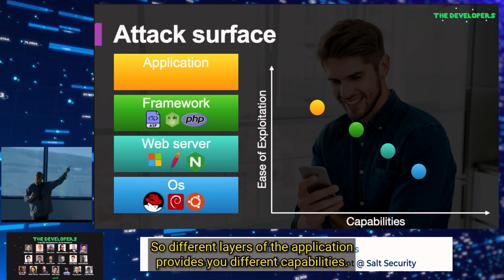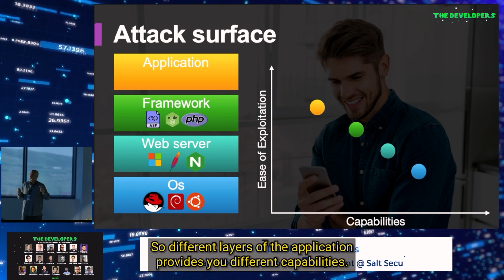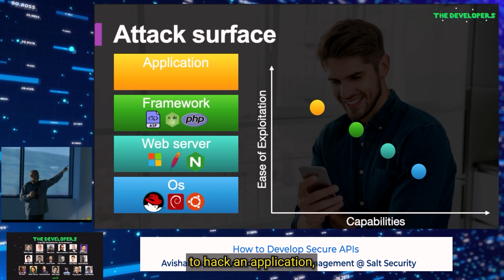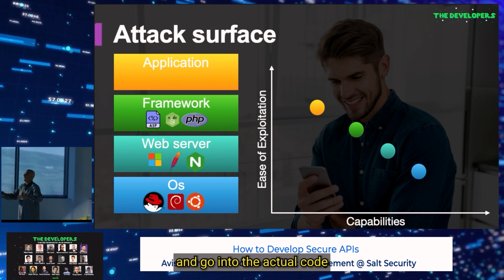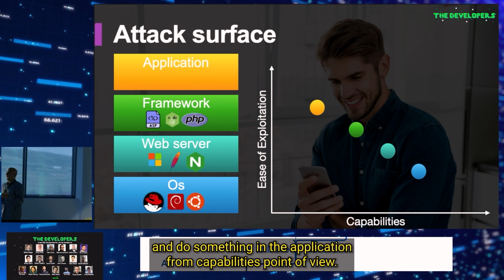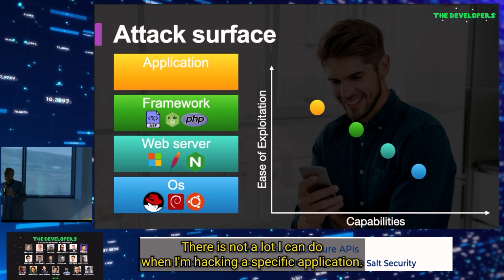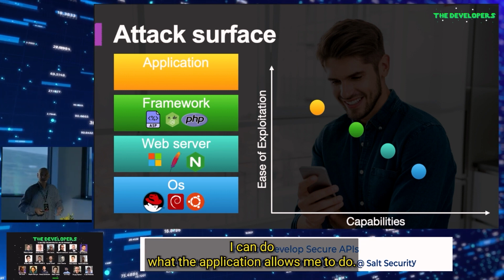So different layers of the application provide you different capabilities. On one hand, it is much easier to hack an application and go into the actual code and do something in the application. From a capabilities point of view, there is not a lot I can do when I'm hacking a specific application. I can do what the application allows me to do.